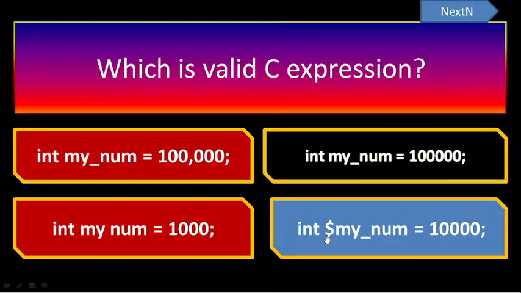Next is the fourth one, int $my_num. Any special symbol is not allowed other than the underscore. You can use the underscore within the body of the variable, but here we are using the dollar symbol at the beginning of the variable. That's the reason this is also invalid.